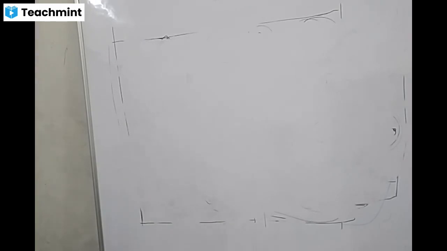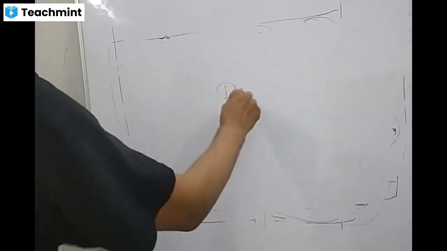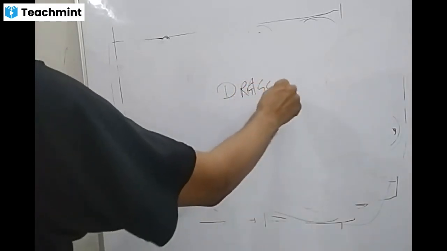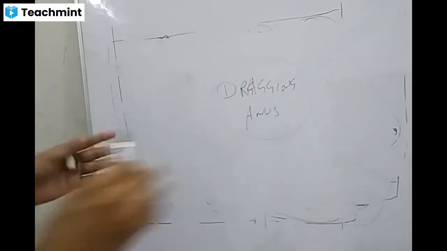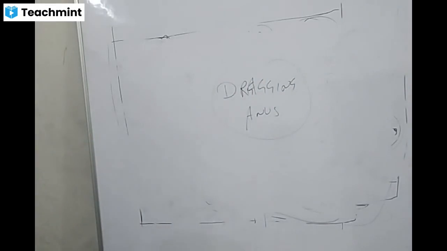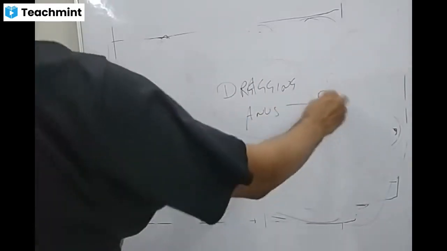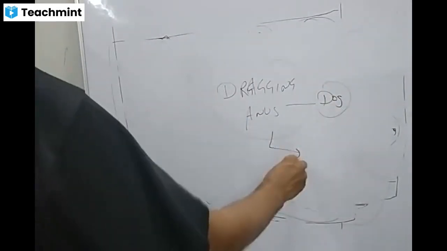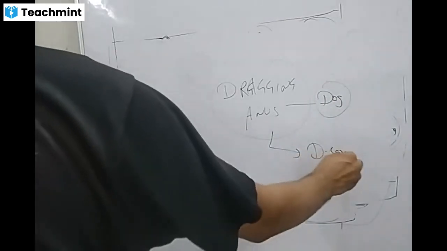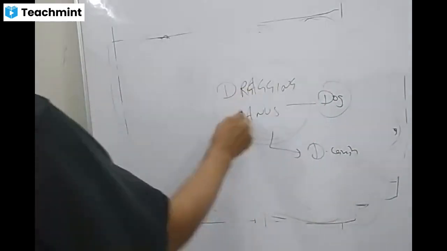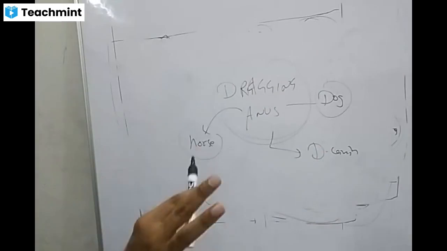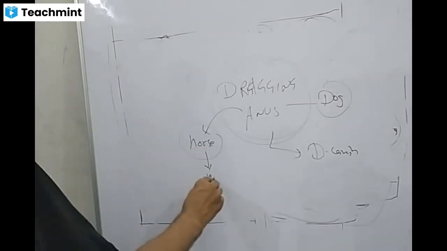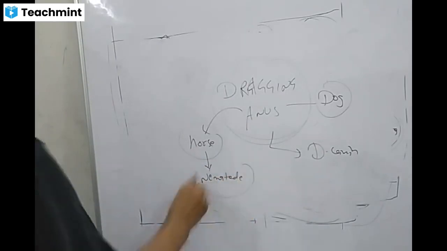Dipylidium caninum, they are asking only one MCQ, that is dragging of the anus on the ground. If they ask dragging of anus in case of dog, your answer will be Dipylidium caninum. If they ask the same question, dragging of anus in case of horse, then there is no cestode, but there is one nematode.